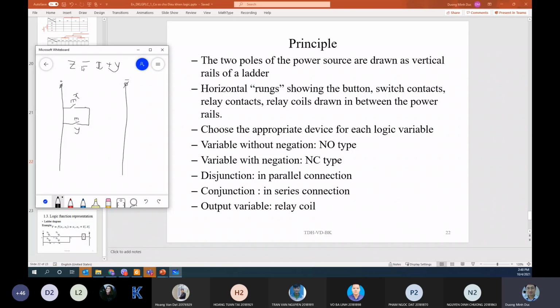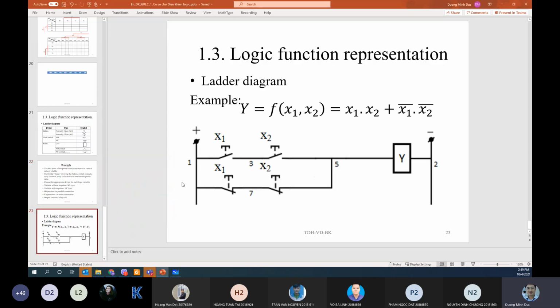This is equal to X plus Y, so this equal sign is the output, which must be a coil. And then we make the ladder diagram to represent the logical function. Okay, this way.